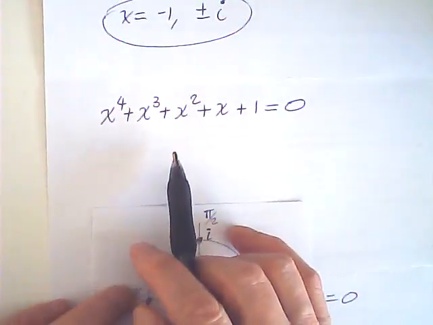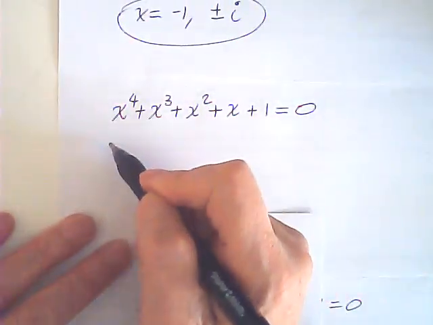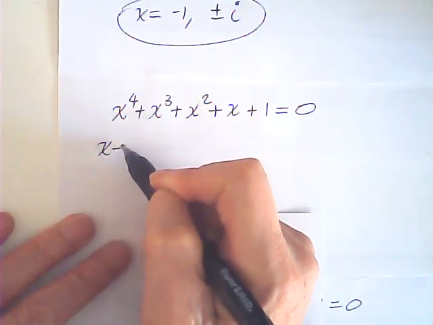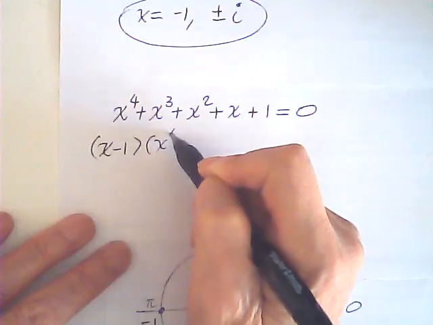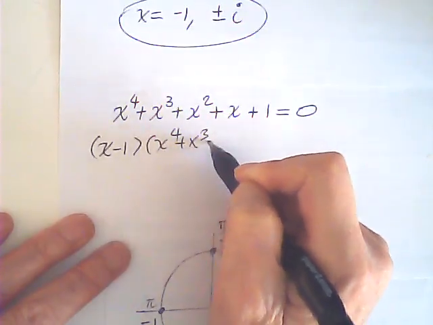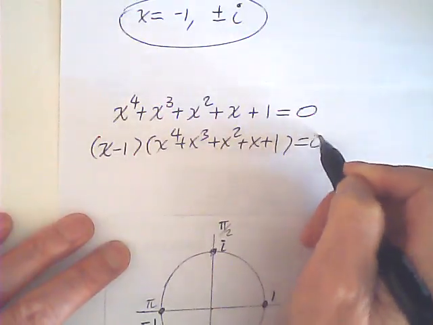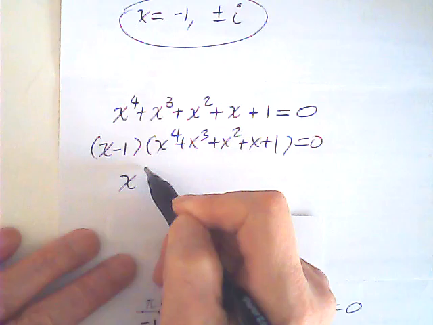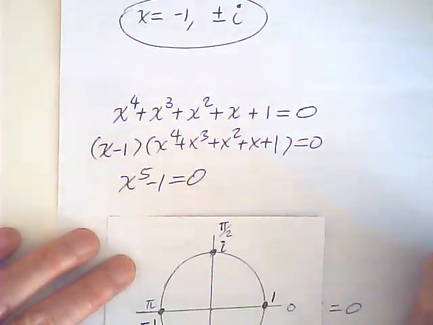Now, how about this one? This equation we can write as x minus 1 multiplied by this, x cubed, x squared, plus x plus 1 equal to 0, which means x to the fifth minus 1 equal to 0.